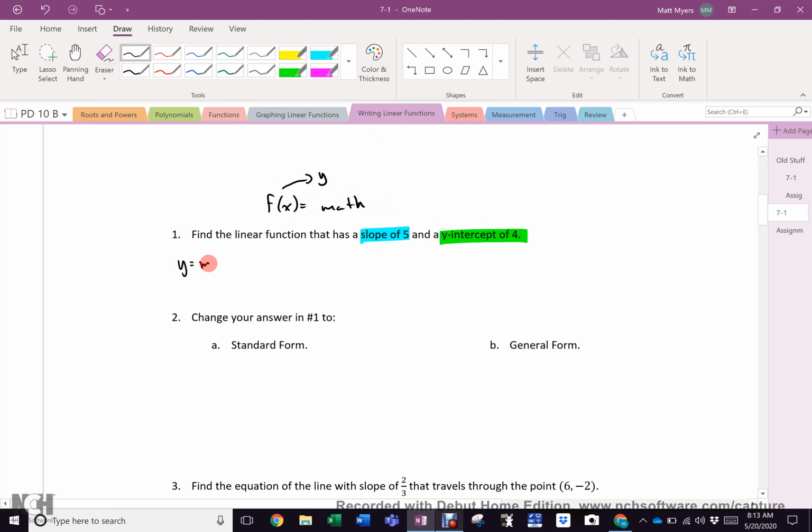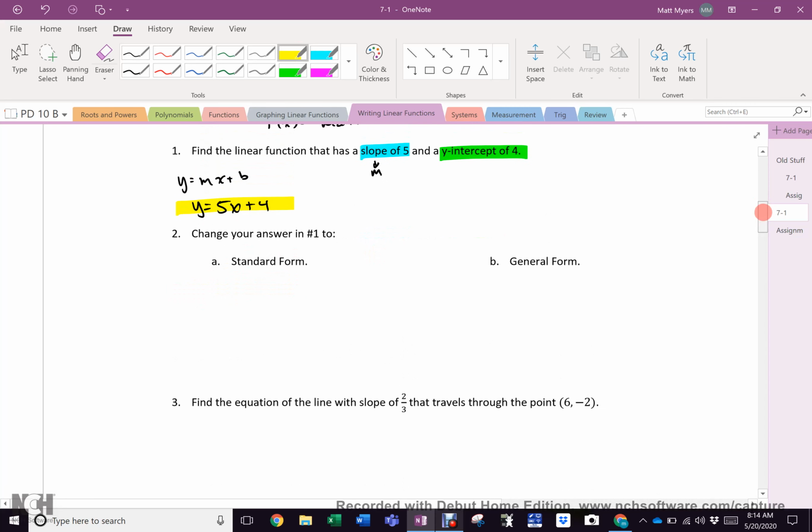Y equals mx plus b. So the slope is 5, slope is m. So y equals 5x. That's the y-intercept. It's positive 4, plus 4. And I'm done. That's how fast these questions go.